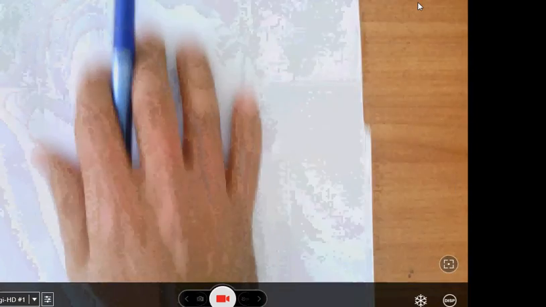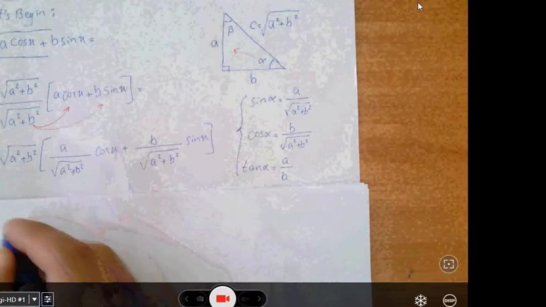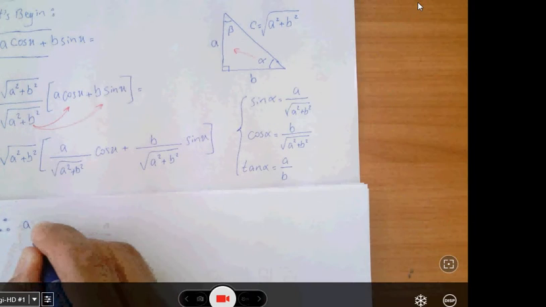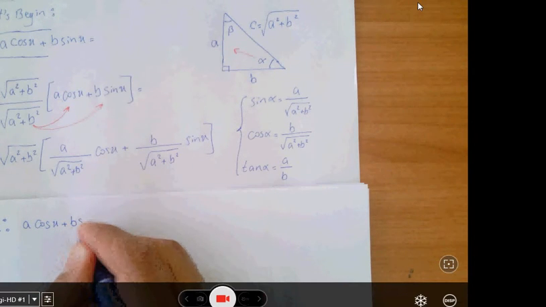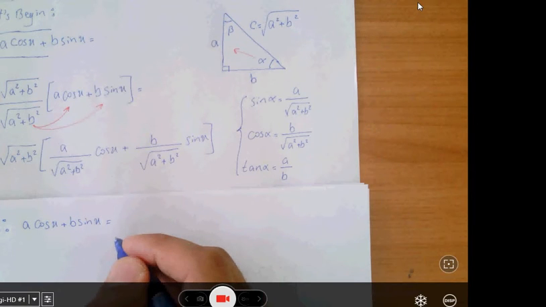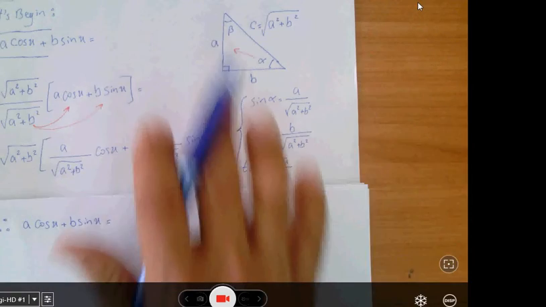So far, I started from here. Look, I've started from a cos x plus b sin x. Therefore, where we started from was a cos x plus b sin x equals, right now I have this term, I'm going to move it up so you guys can see this one.